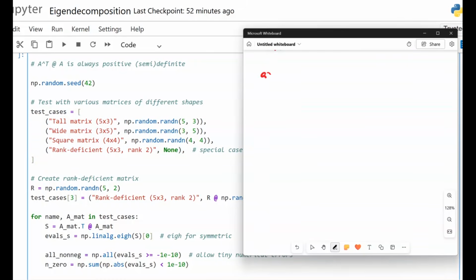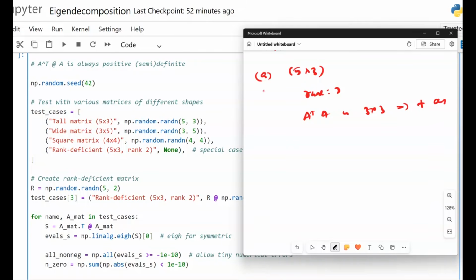So in case A, that is the tall matrix, it is a 5 by 3 matrix. So likely full column rank here, the rank would be 3. And of course A transpose A would be a 3 by 3 matrix, and surely it is positive definite.